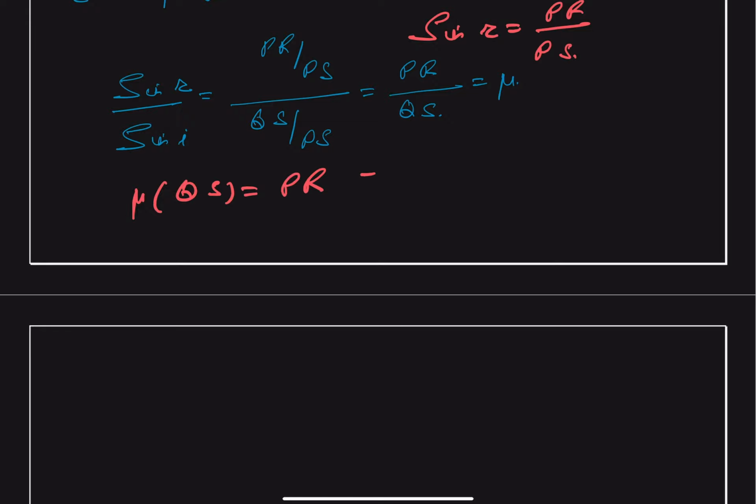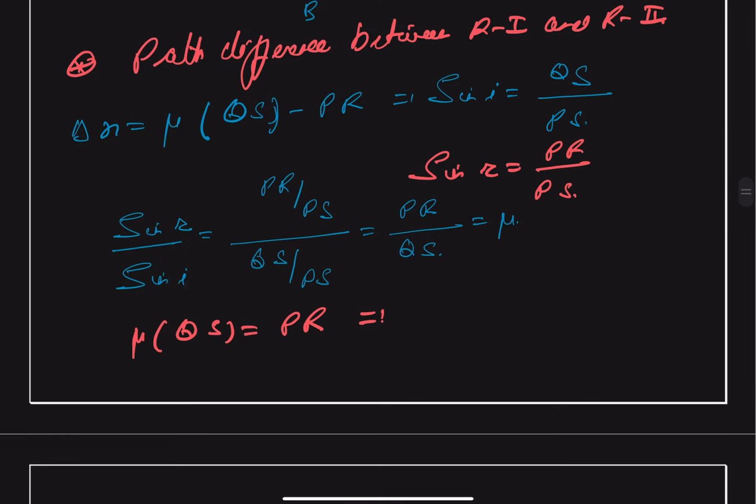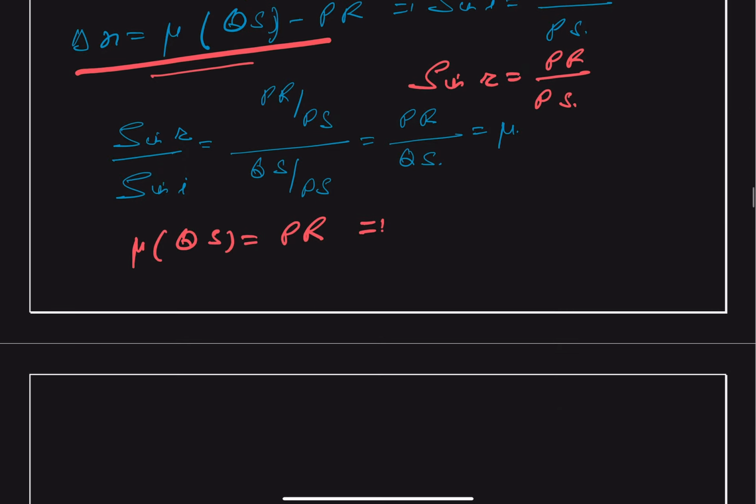So if we substitute this into the path difference equation, delta x will be equal to PR minus PR, giving us 0.